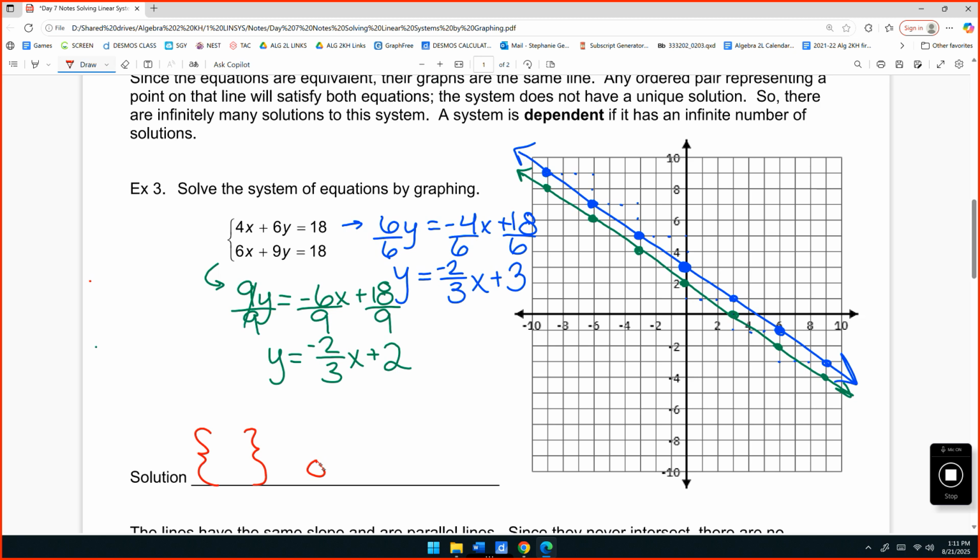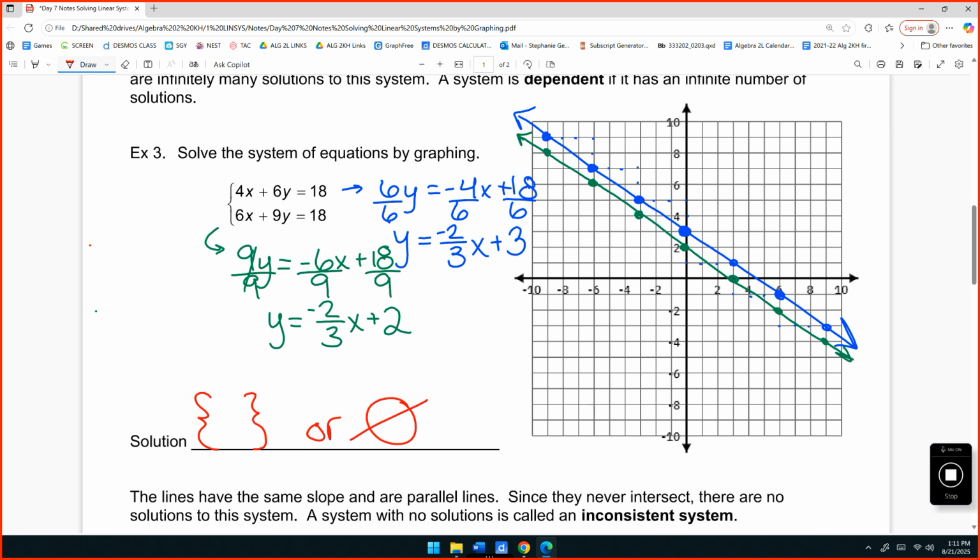Another way you can say no solution is another set. It is the null set. So it's like a circle with a line through it, kind of like a no parking sign, okay? So pick one, but you can't do them both together because that's not a thing. So either empty set or null set, they mean no solution, okay?